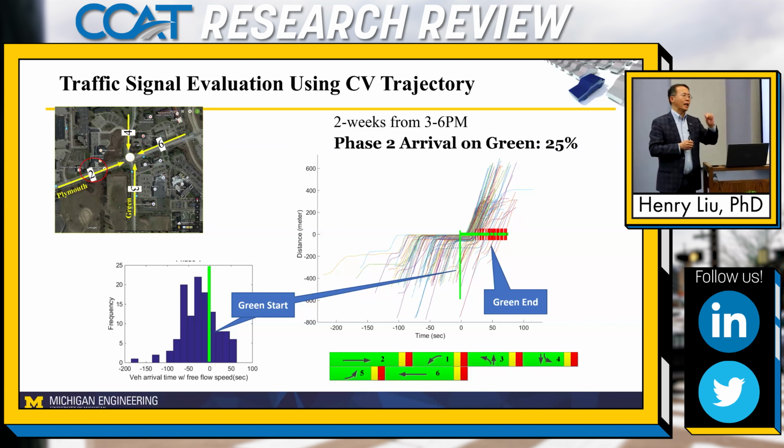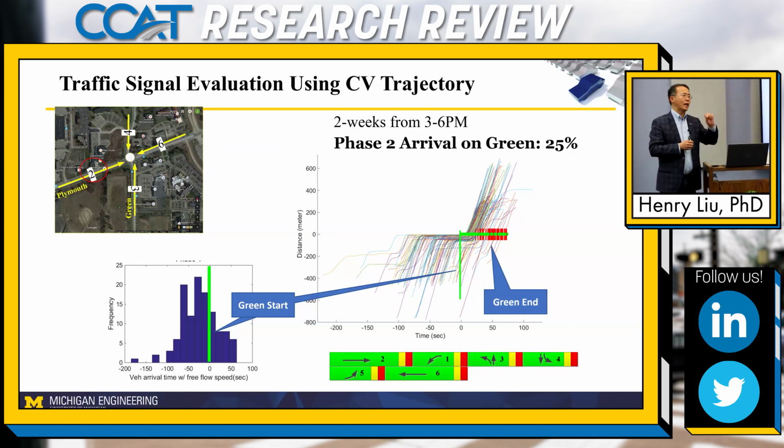Every vehicle that passes by, I can capture. However, I can only capture that specific location, right? So, for example, if I have a really, really long queue and the detector is here, I can't capture that. So it's difficult for us to use that information to manage these intersections.